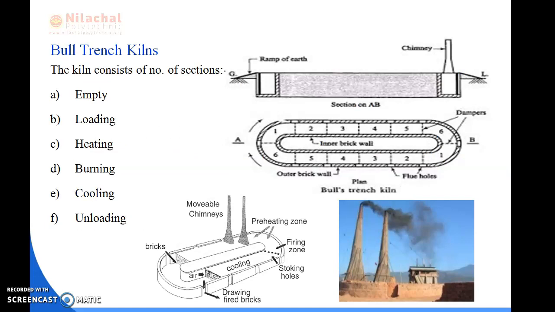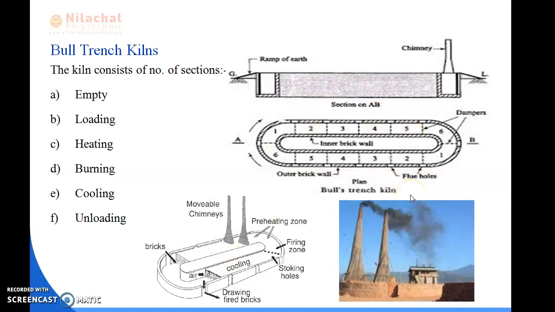In bull trench kiln, we will be reading about the sections, and there are 6 types of sections. First is empty, loading, heating, burning, cooling and unloading. Here you can see the diagram and the section of bull trench kiln. I have shown you the diagrams here.